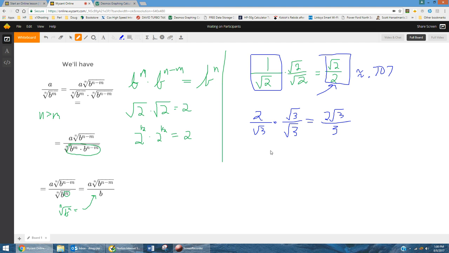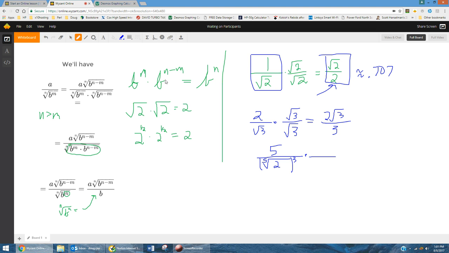So if I have a problem like 5 over the 5th root of 2 to the third, like this, the question is, what do I have to multiply top and bottom by so that I don't have a fractional exponent anymore in the denominator?